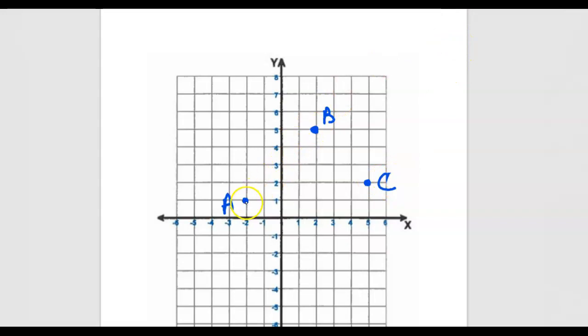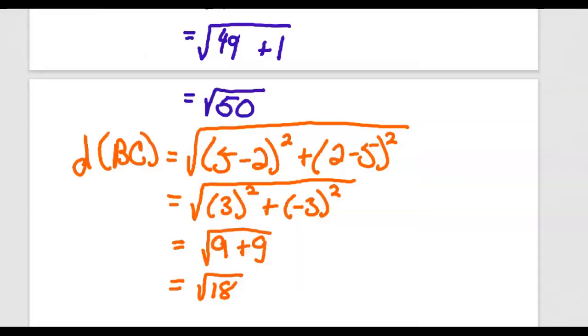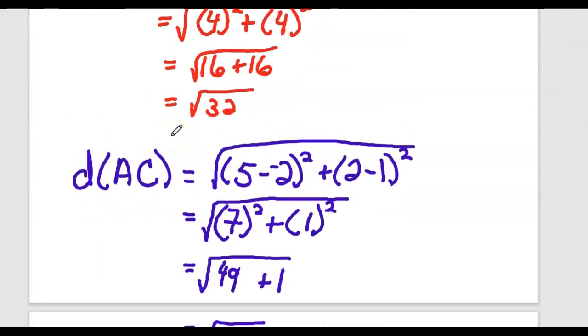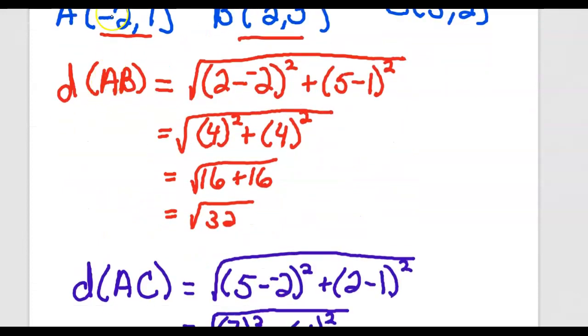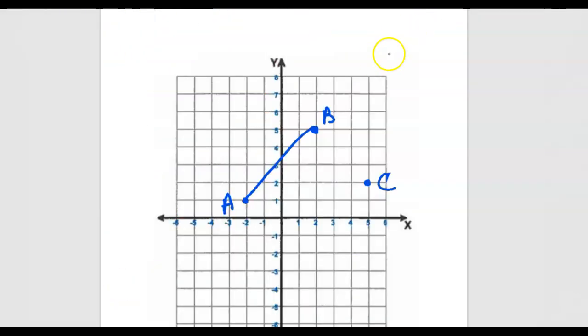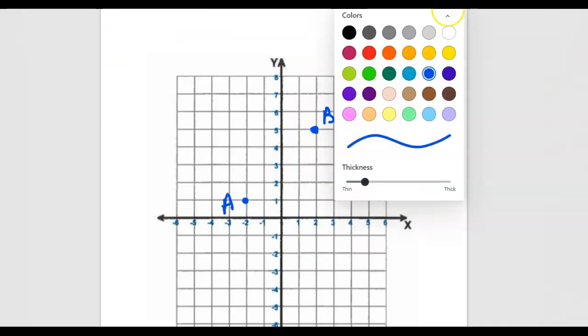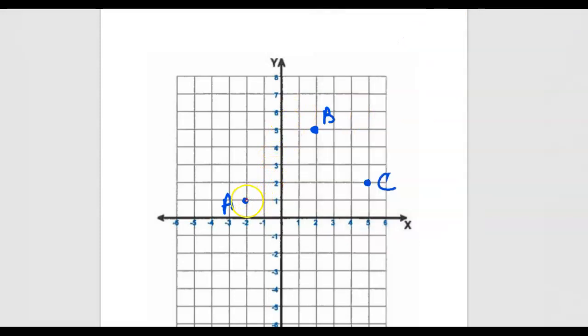And then we did our distances. We first started with our distance from A to B, and we got the square root of 32.